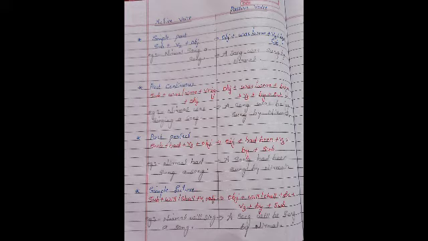The next one, past perfect. We know that present perfect format is subject plus have or has plus V3. So the past tense of have and has is had. So past perfect active voice format: subject plus had plus V3 plus object. Its passive form, object plus had been.